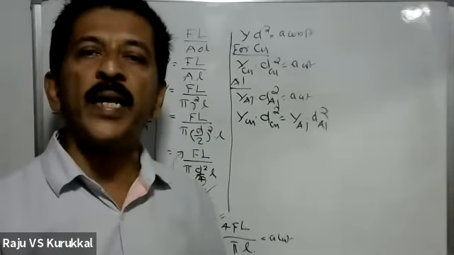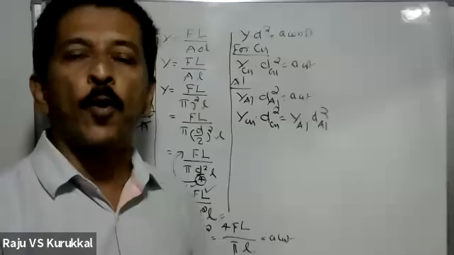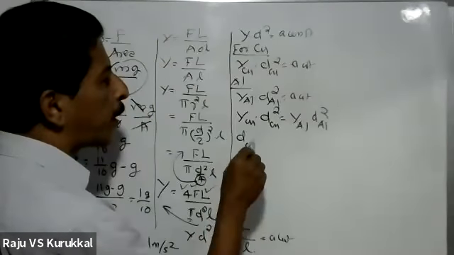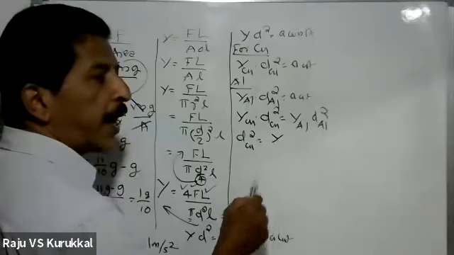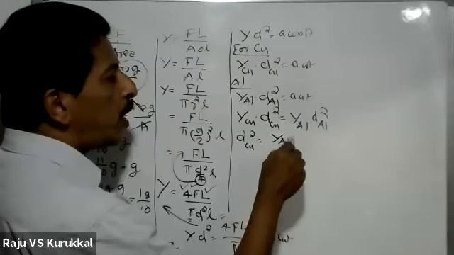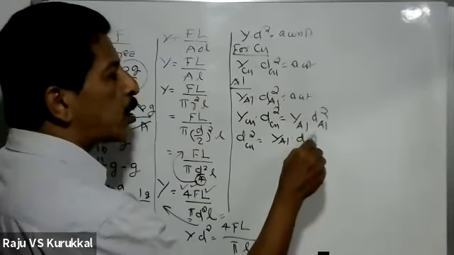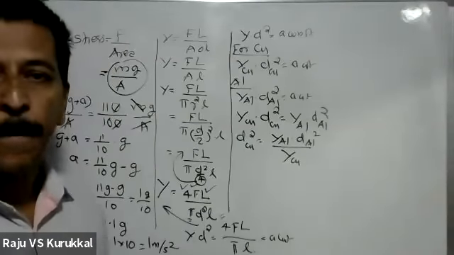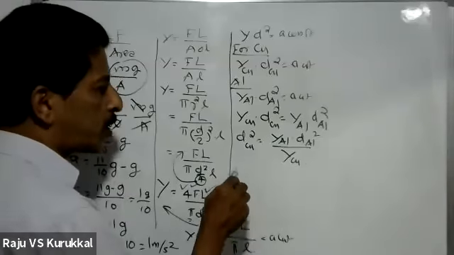Only after finding the diameter can we measure the thickness; we cannot take an approximation. So what is the diameter of copper? D of copper square is equal to Young's modulus of aluminium into diameter of aluminium square divided by Young's modulus of copper. Then you take the roots.